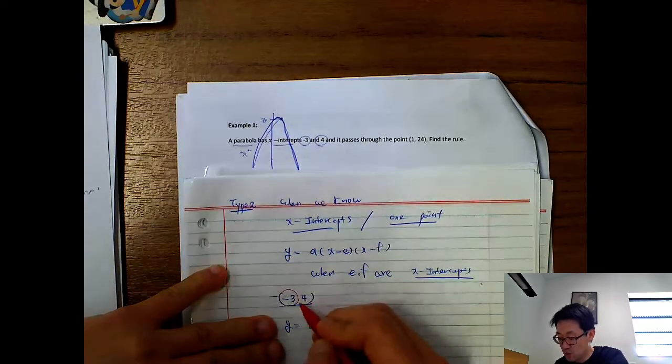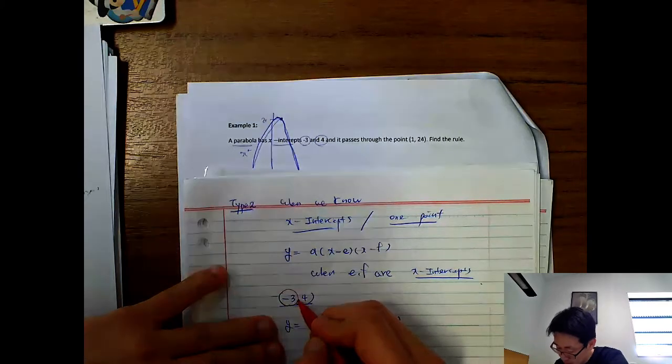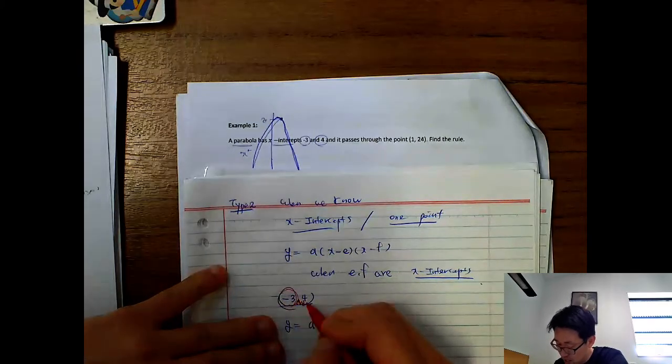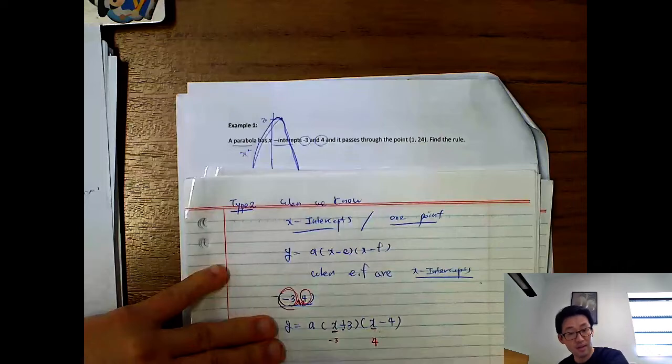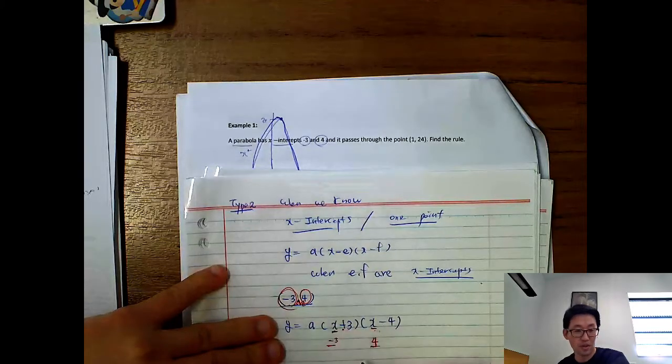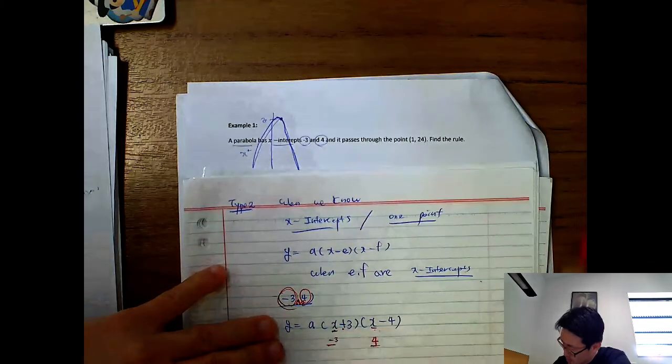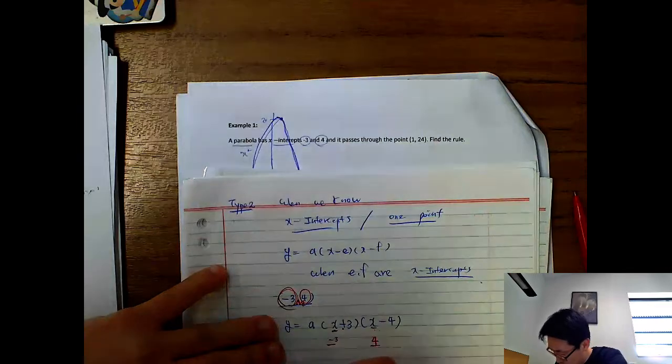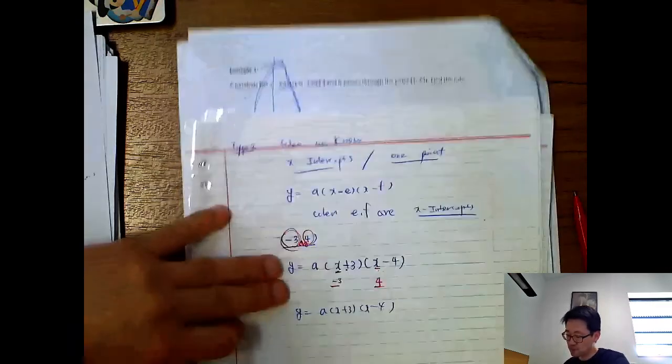That's why the roots are minus 3 and 4. That makes sense? That's why we have to write down the opposite sign here. Y equals a, x plus 3, x minus 4.